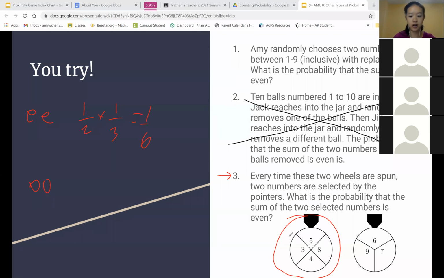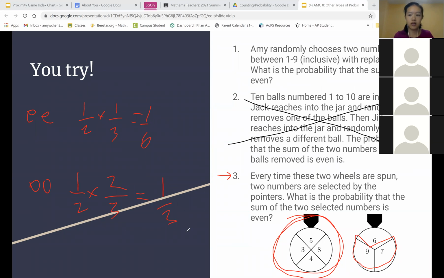For the odd case, what's the probability that you get an odd number for the first spinner? Yeah, 1/2. And the probability of getting an odd number on the second spinner would be 2/3. Yep. And we can just multiply it out. This is actually just 1/3.